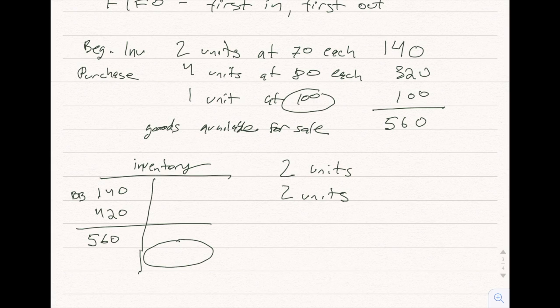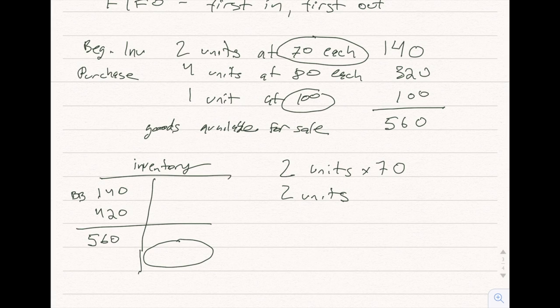So if we go to the beginning, it's actually going to be this 70 first, because this is what we already had in our beginning balance. We had a unit valued at 70. So if it's first in, first out, the assumption is that for these purposes, we're going to assign 2 units at 70.